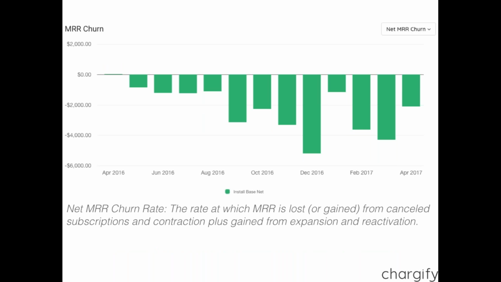Then we have the net MRR churn rate, and this is the rate at which the MRR is lost or gained from canceled subscriptions and contraction, plus gained from expansion and reactivation. In a sense, that's the net MRR churn divided by the start of period MRR. So what did that movement look like? Where are we now as opposed to 30 days ago? Where did I win from 30 days ago?